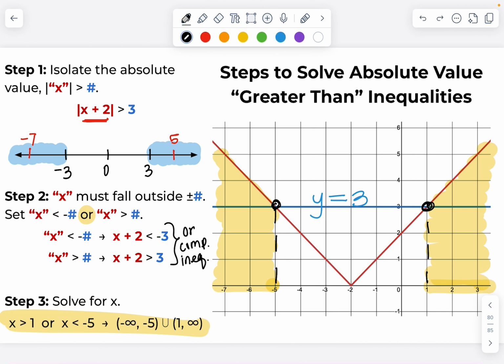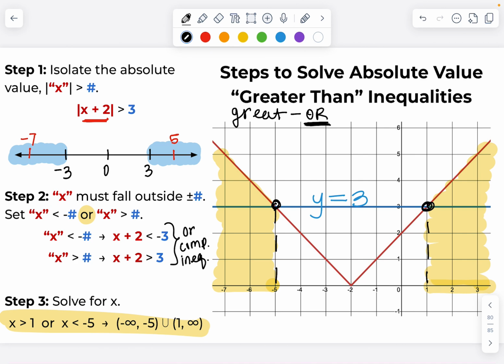My trick is to literally just think this in your head: "great-or." Instead of thinking "or," think "great-or." And that tells you you're writing an or compound inequality. Not the most advanced way to remember, but that is something that students have found helpful in the past.